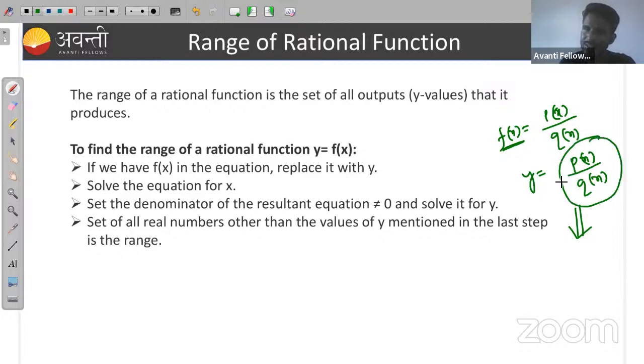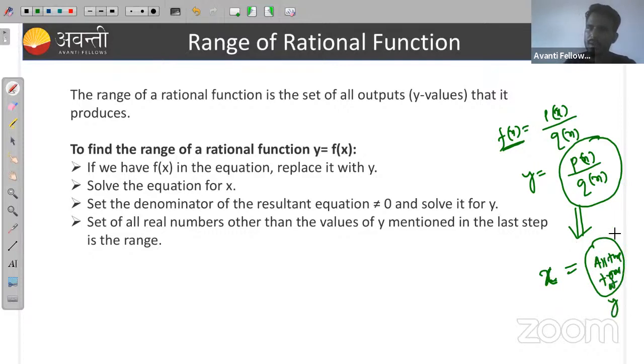All the x terms are on the right side, and single y is here. After calculating in a few steps, you have to convert it so that x is on one side and all the terms of y on the other side.